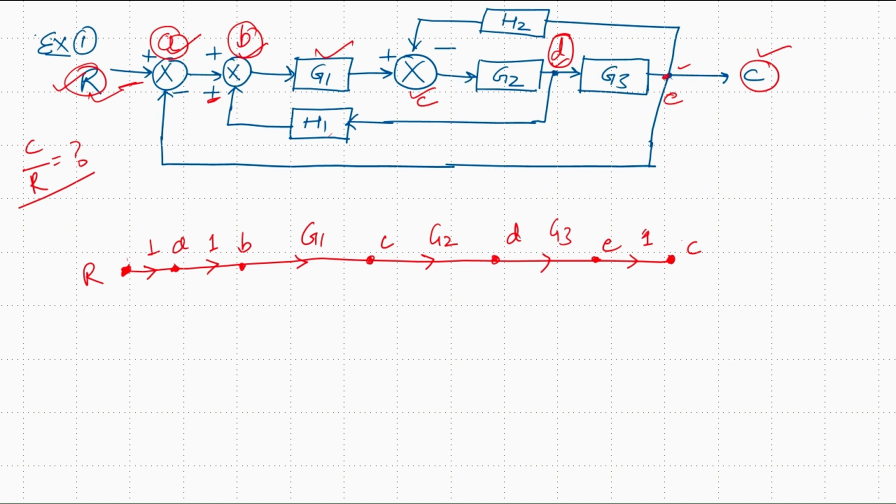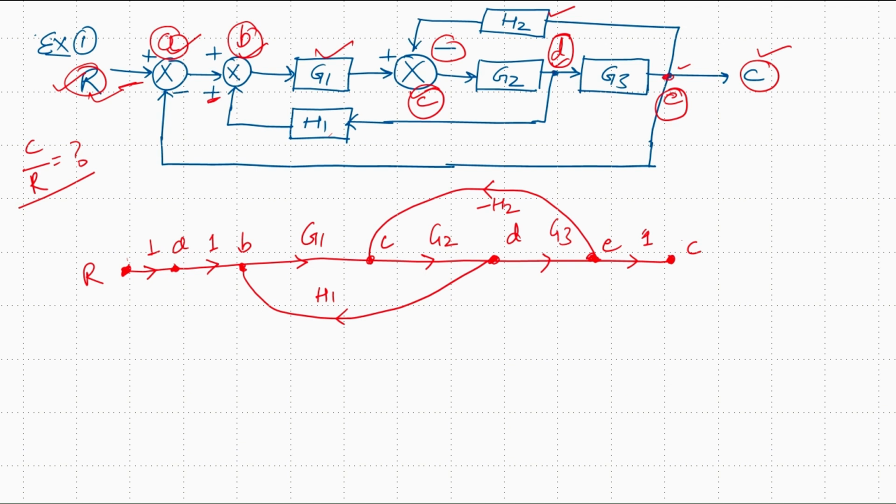So from D to node B, we have a feedback, and this value is H1. Similarly, from node E to node C, we have feedback H2, and it is connected with the negative sign, so we will put a minus H2 there.